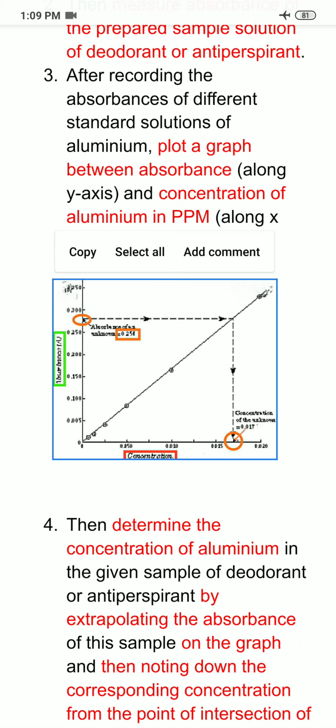So then how will we determine its concentration? What we will do is, from this point we will extrapolate onto the x-axis. When this absorbance 0.256 cuts the straight line, it will cut it at some point, then we will draw a line from this point on the straight line onto the x-axis.